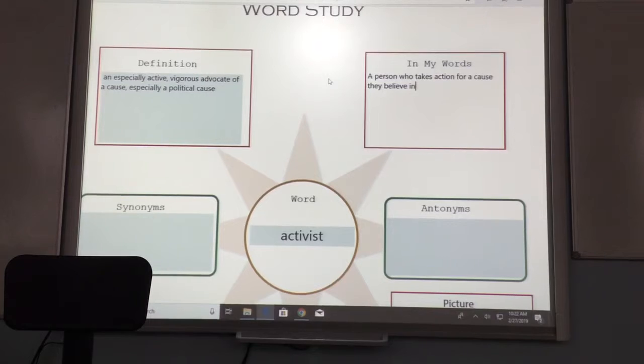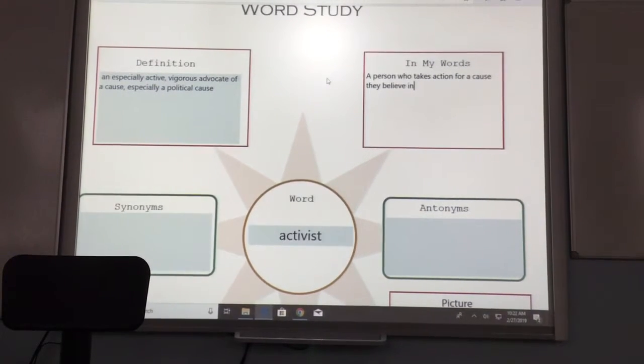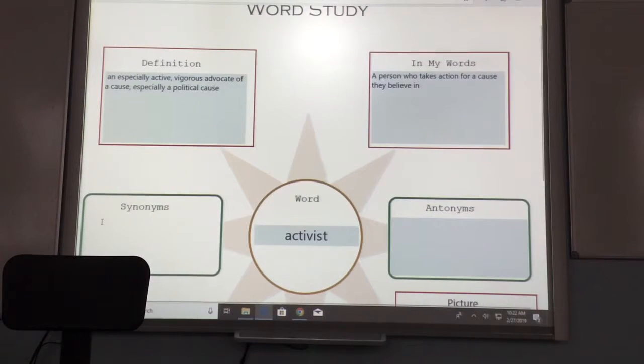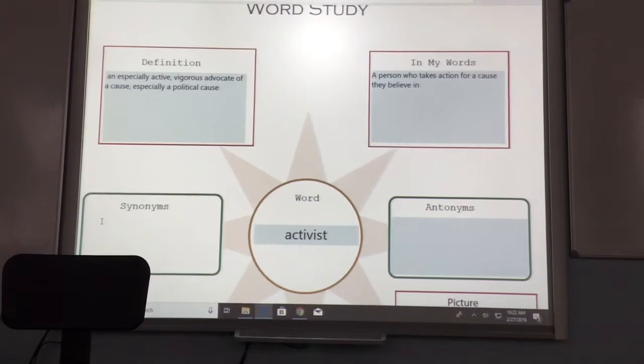All right? So we have the dictionary definition, and then we break it down into our own words so that we can better understand it. So it's helpful to be able to vocalize something in a way that you understand.